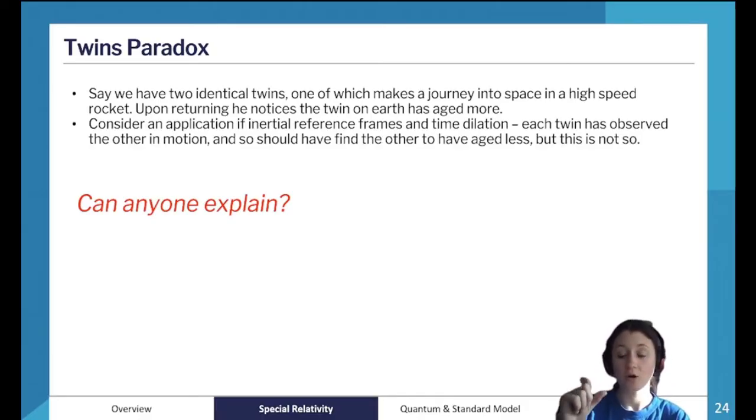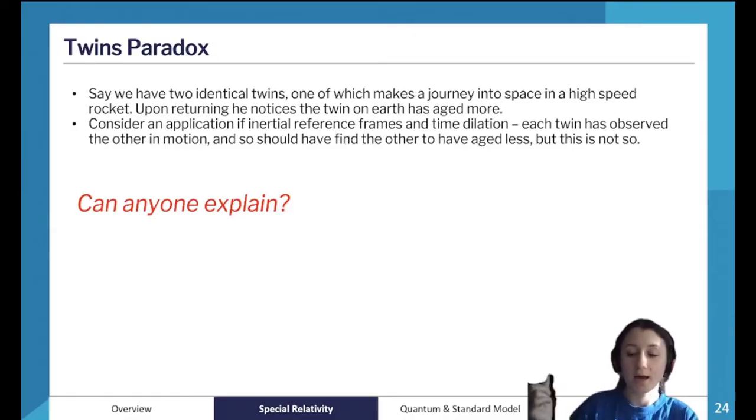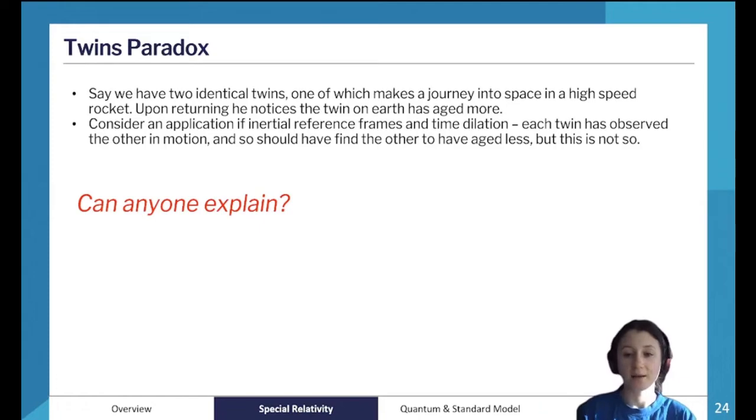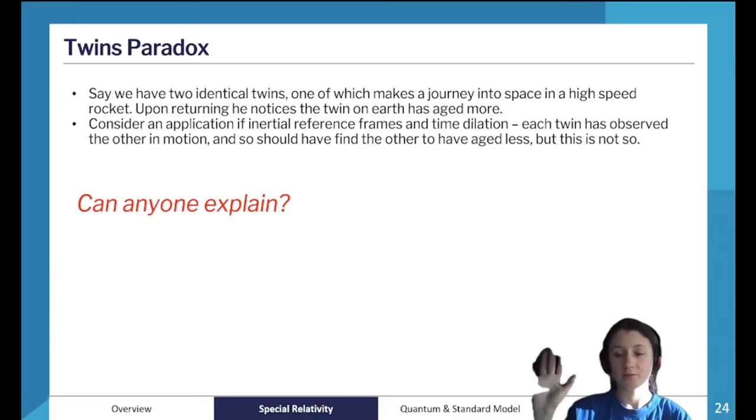And the twin on Earth sees the twin on the rocket moving away really fast. What we've gone through so far is that when you see something moving at high speeds, you're going to see that thing experience less time. The person on Earth is going to look on at the rocket and see that the person on the rocket is experiencing things in slow motion.